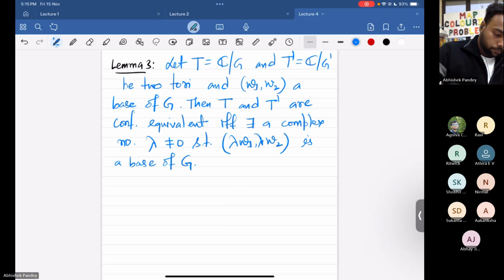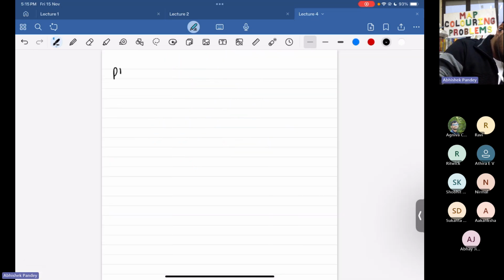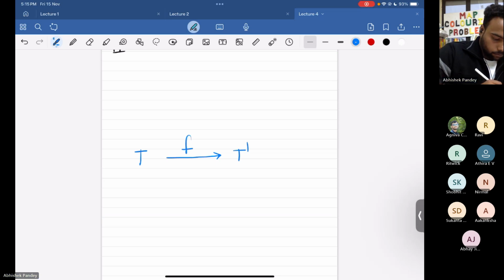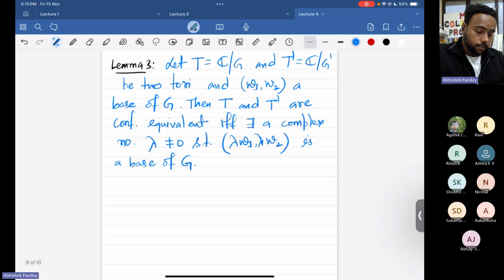Okay, so let us see the proof of this lemma. So here we have T and we have another torus, T dash. We have F. We are assuming that T and T dash are conformally equivalent.